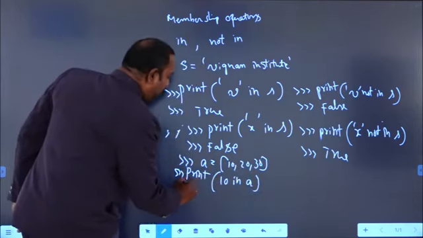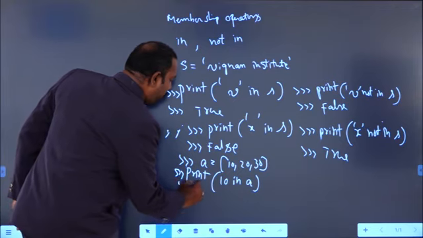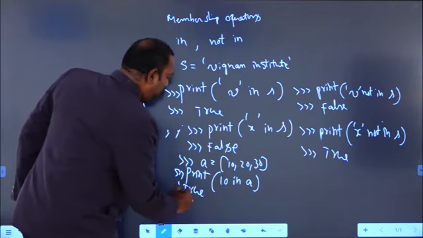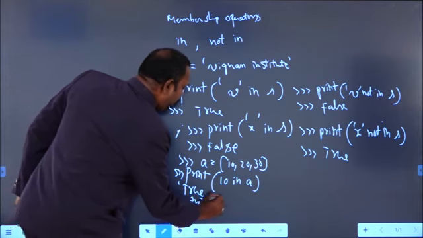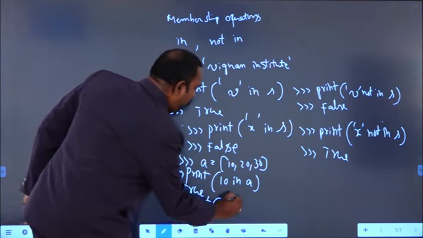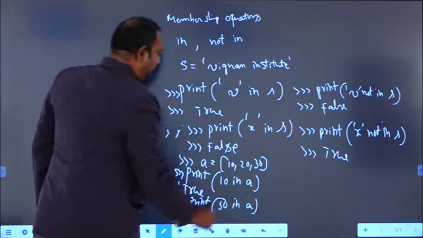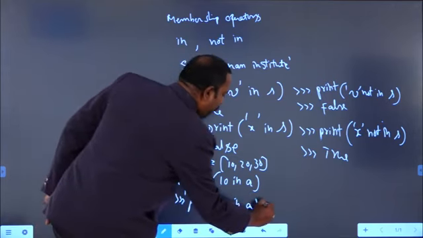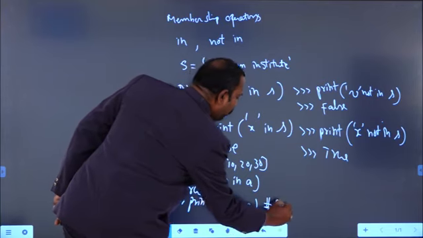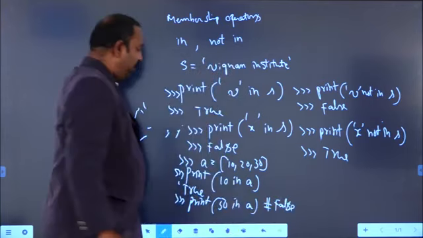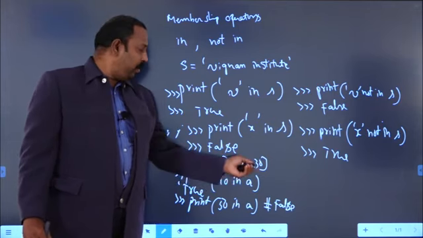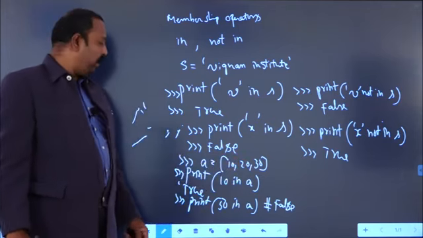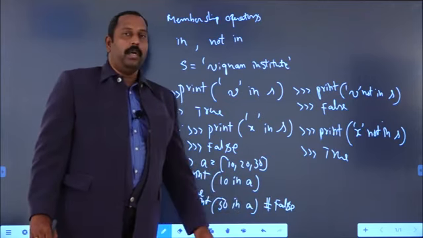It is available. That's why you will get the output true. Suppose I write print 50 in A, you will get the output false, because 50 is not available in A. In A we only have 10, 20, 30.